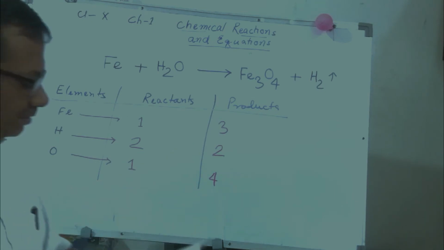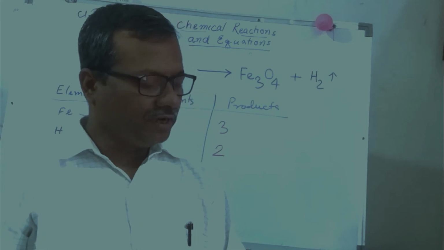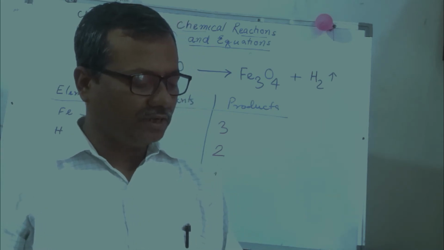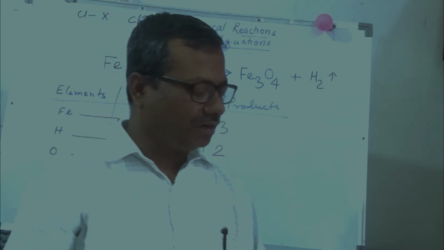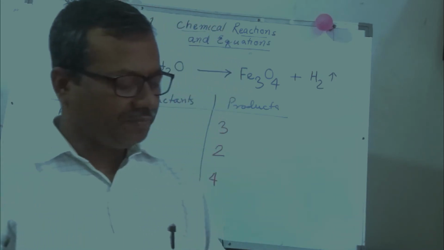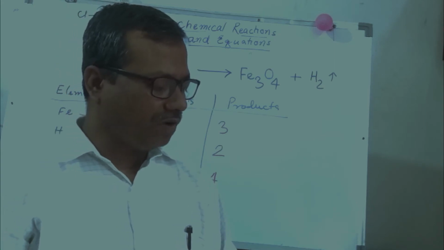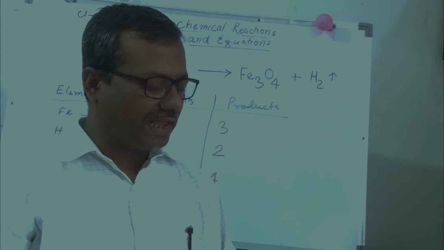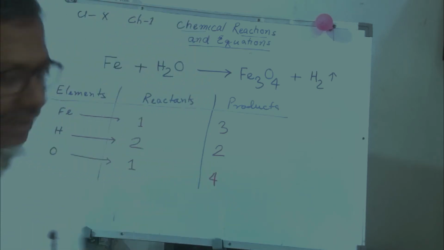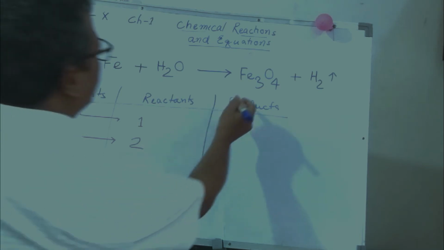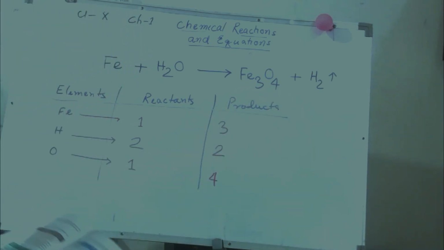It is often convenient to start balancing with the compound that contains the maximum number of atoms. It may be a reactant or a product. In that compound, select the element which has the maximum number of atoms. So, here you see the maximum number of atoms is in oxygen.